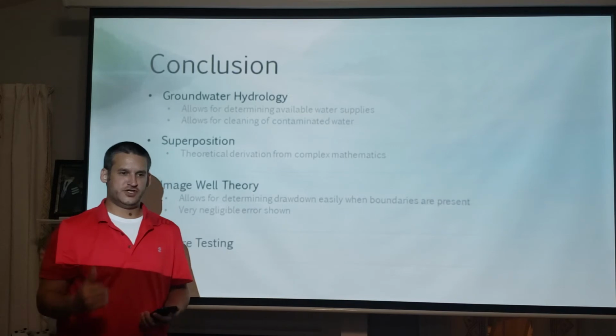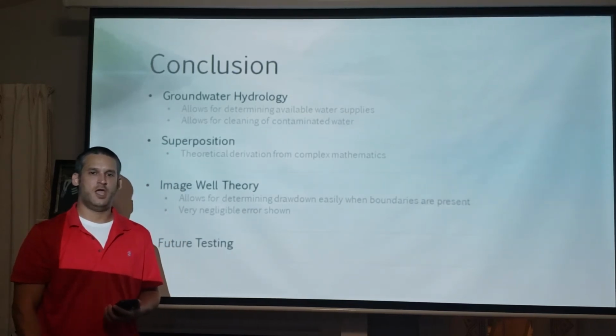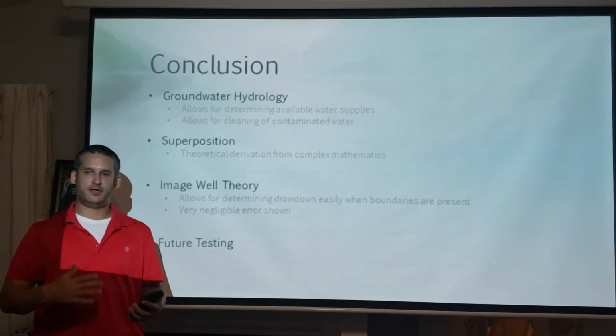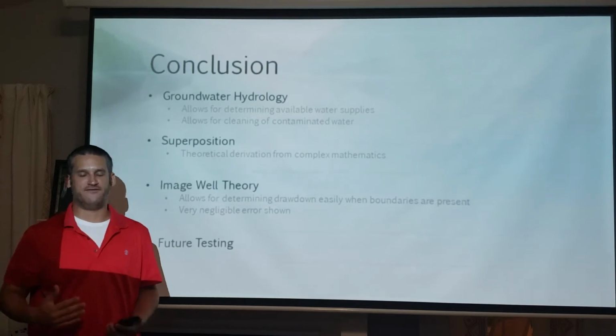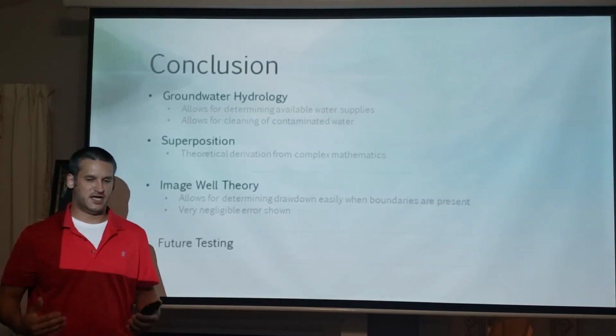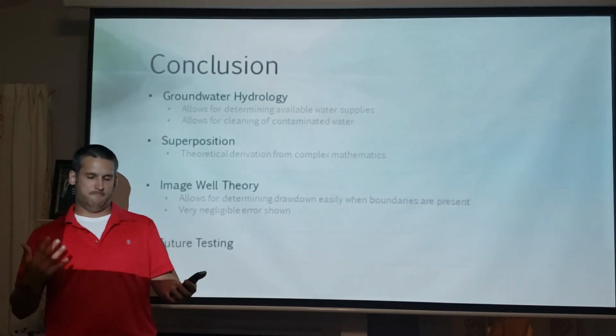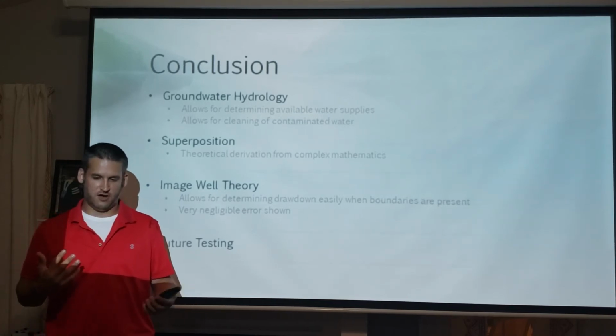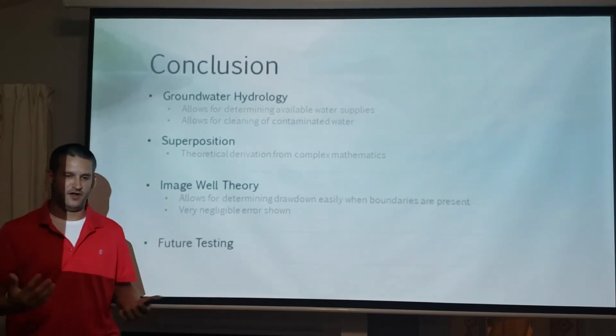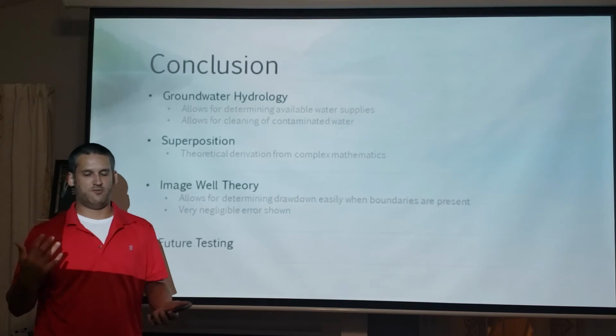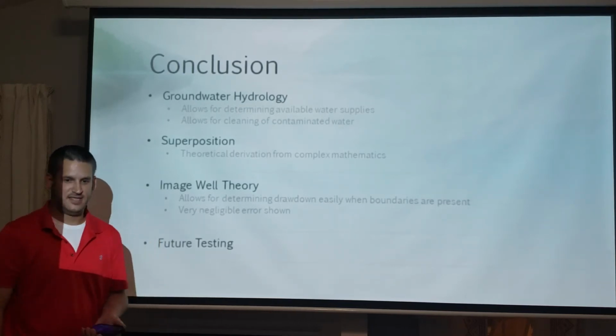So, future testing. It was initially part of this project. I was going to try to find a study somewhere determining the accuracy of image well theory, whether it had been tested before. I was not able to find anything on that.